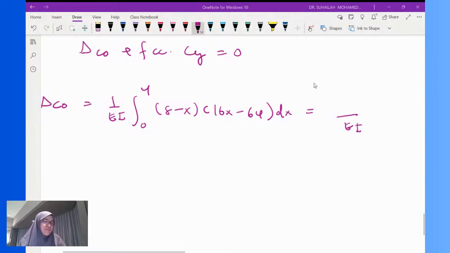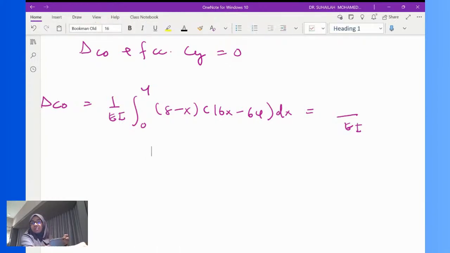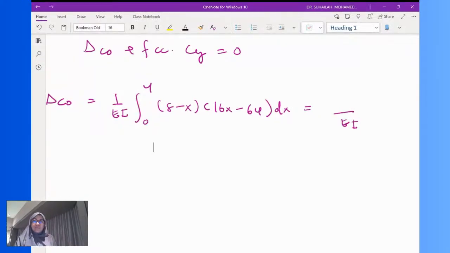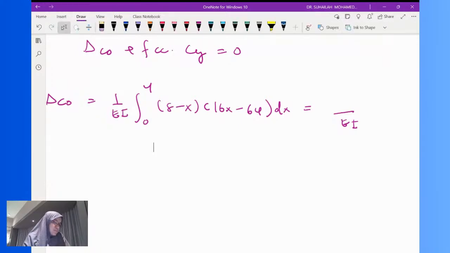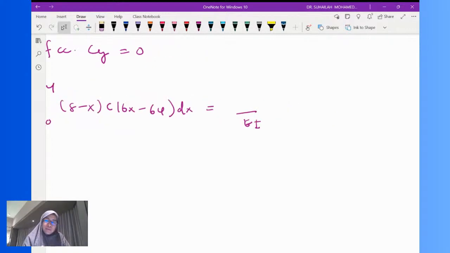Negative 853.333. What about the rest? Okay, all get the same, negative 853.333.